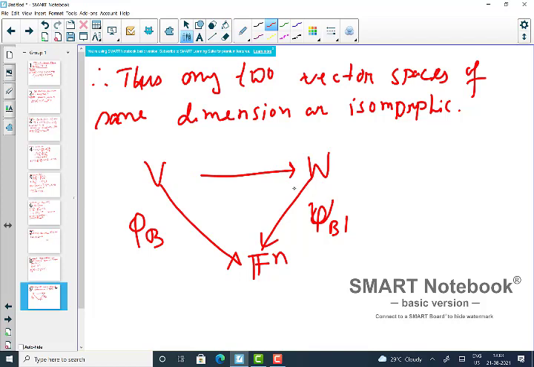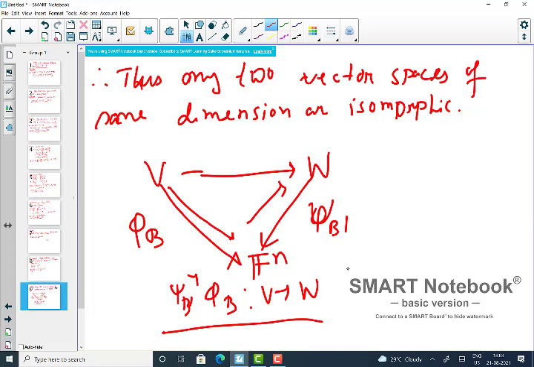Then these two are actually isomorphic. So how to go? Coming from here to here and then taking the inverse, since the isomorphism inverse exists, this will be phi B composed with psi B dash inverse. That will be a map which is then an isomorphism, right? This is one such map you can find.